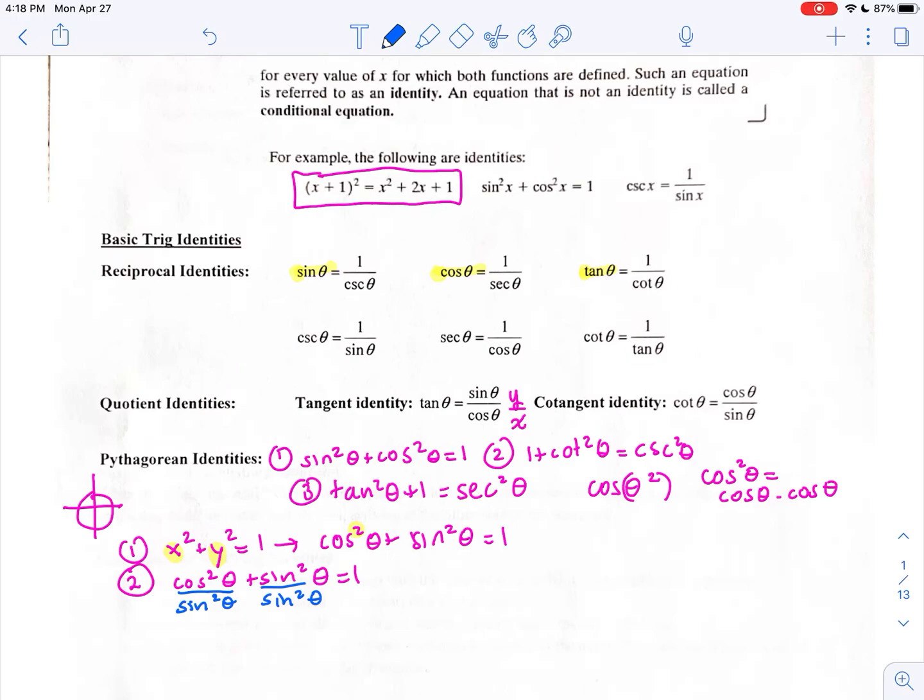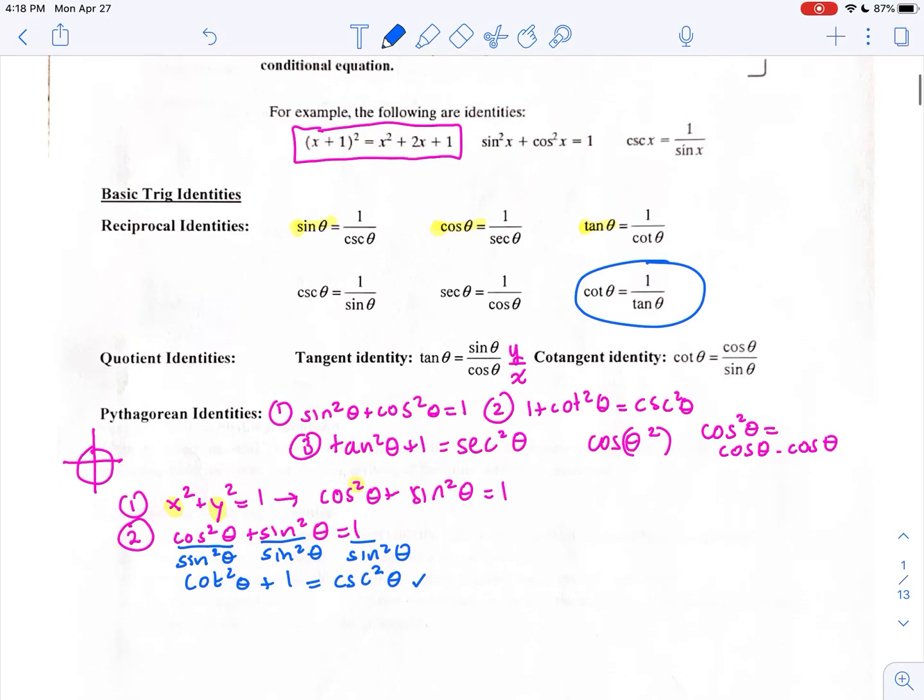Cosine over sine is the same thing as cotangent. So cotangent squared of theta plus sine squared divided by sine squared is 1. And then what's the reciprocal function of sine? 1 over sine squared is the same thing as cosecant squared of theta. So there is my second identity proven.